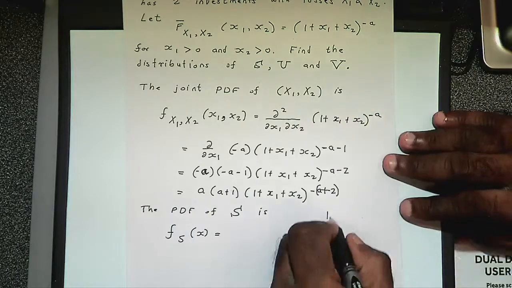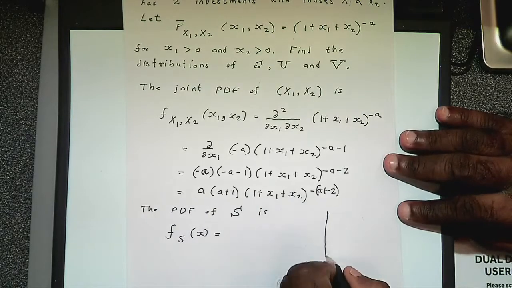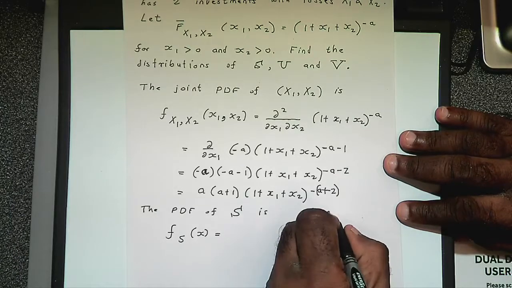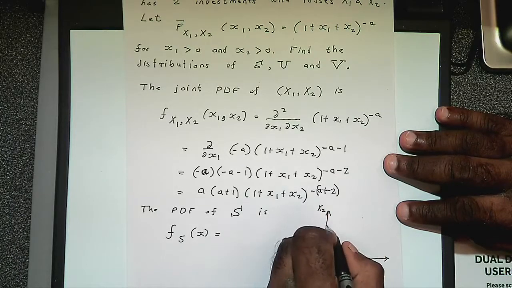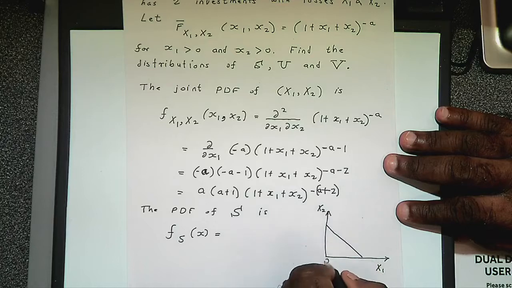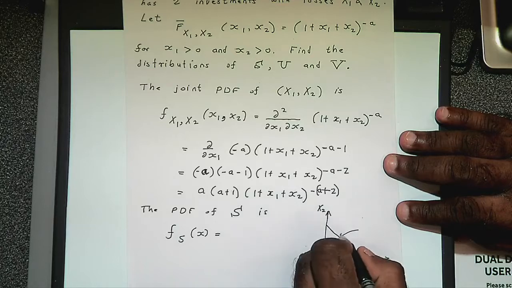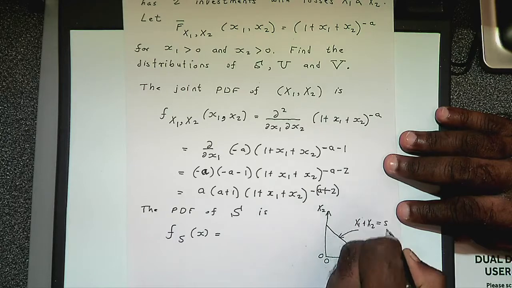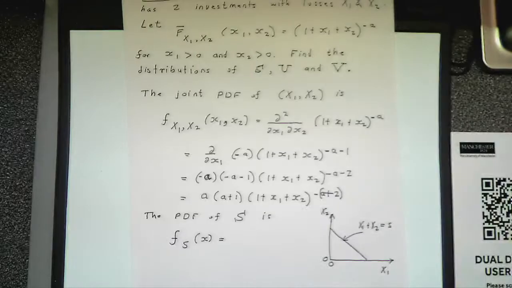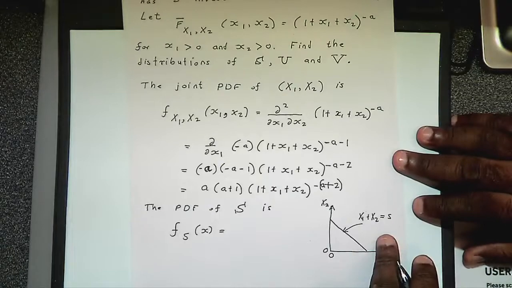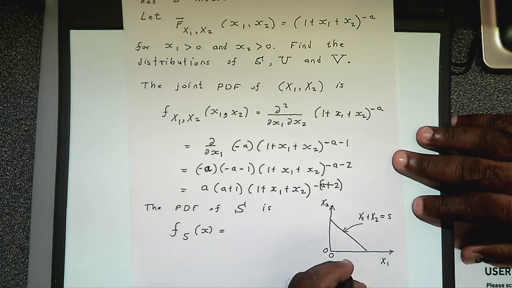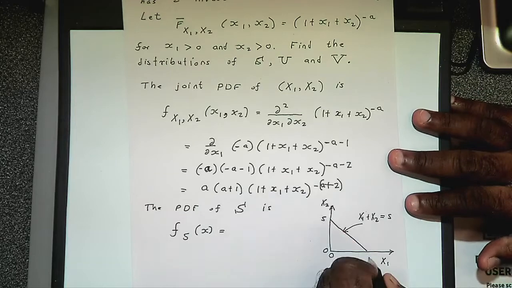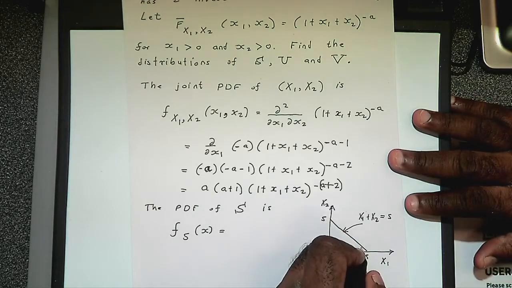You have two variables, a variable x1 and a variable x2. And if you look at this line, this is the line where x1 plus x2 is equal to S, right? So in order to find the PDF of S, right? Well, you need to integrate over this line, right?